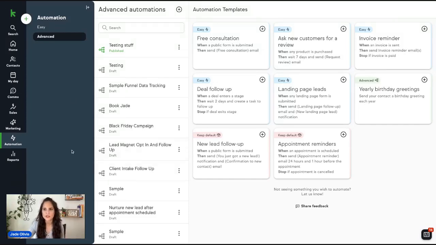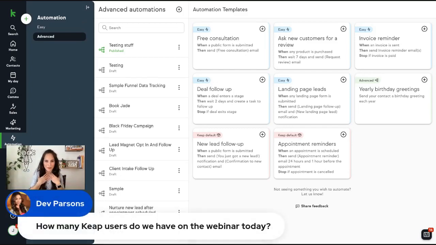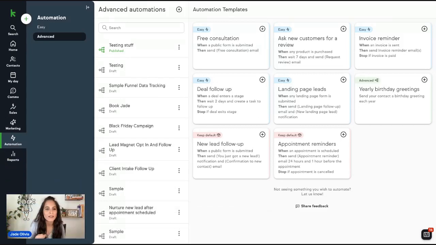So guys, this is just a little bit of a snippet of the power of what you can do to focus your time, because we're talking about focusing on consumers, right? But we also need to focus on your time and your efficiencies. This is where Keap can help you, pun intended, level up.